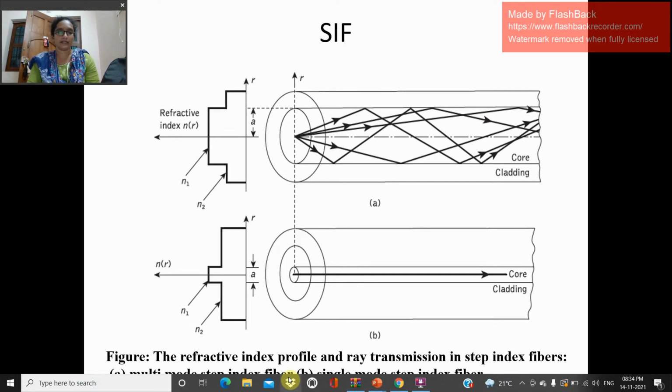Here for step index fiber single mode propagation, if we observe carefully, a, the radius of the core material, should be very small because it is a single mode fiber. And for cladding material it reduces.